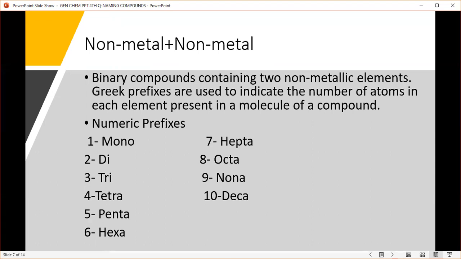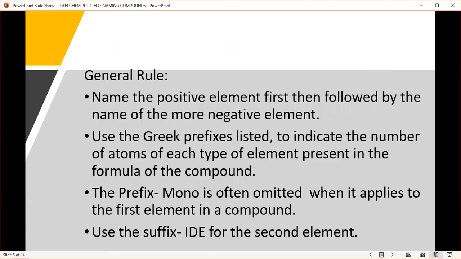Okay, so let's have the rules in systematically naming our compounds or molecules having two nonmetals. So first is name the positive element. So class, when we are talking about non-metals plus non-metals, we are talking about covalent compounds.